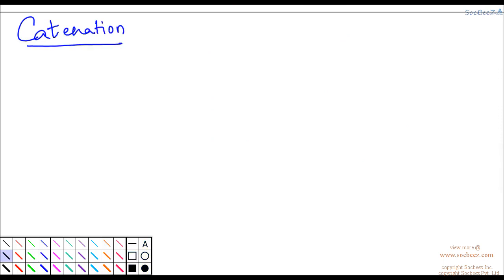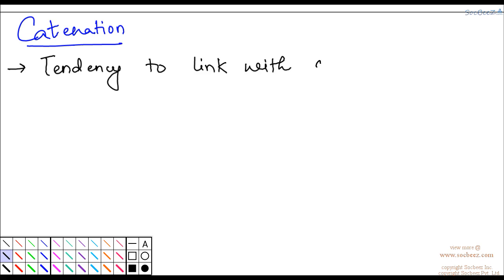Catenation is the tendency of carbon to form bonds with itself, thus forming chains and rings. So it is the tendency to link with one another through covalent bonds.